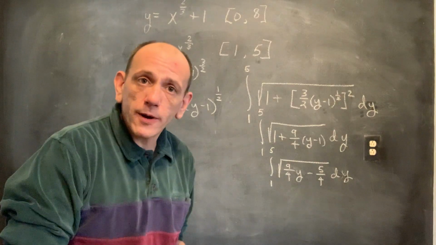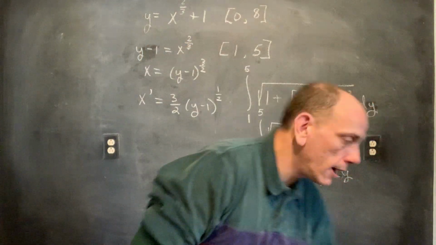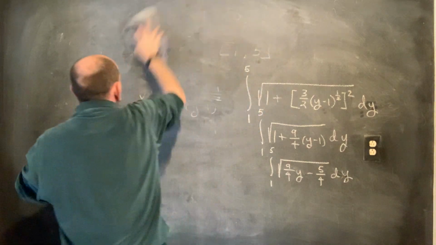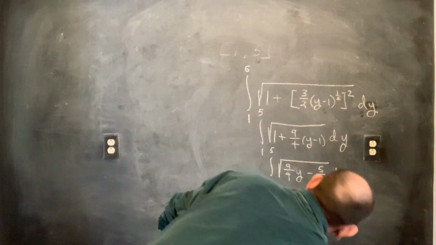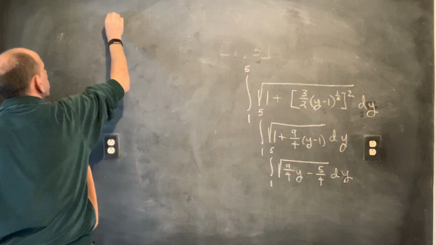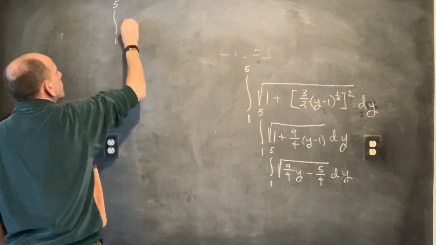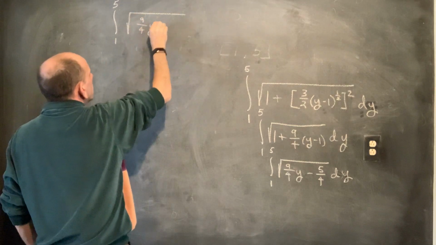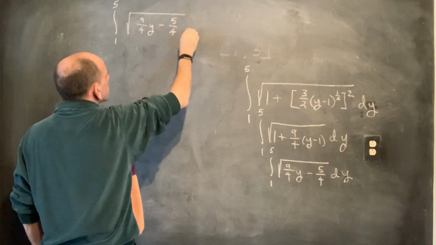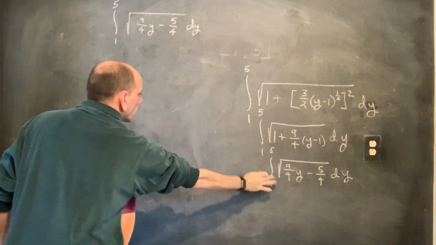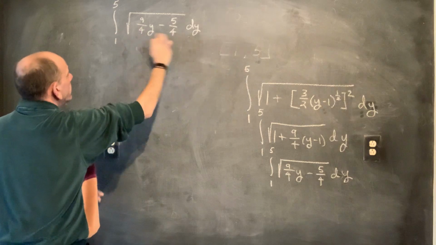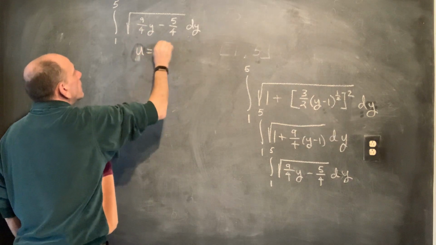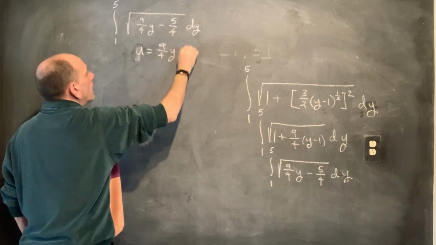Well, this is just a straight up linear function. I can do a u sub, no problem here, because my derivative is just a constant, and I can always pull the constant out. So let me show you what I mean. 1 to 5 integral of 9/4 y minus 5/4 dy. I'm saying, just make u whatever this is: u equals 9/4 y minus 5/4.